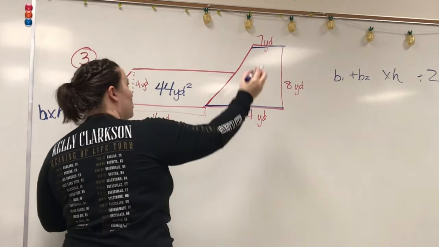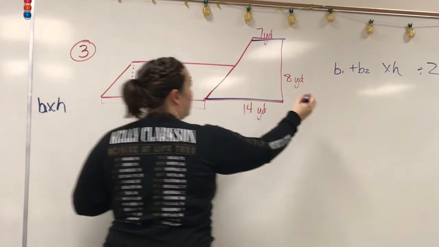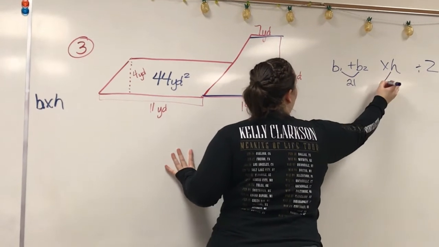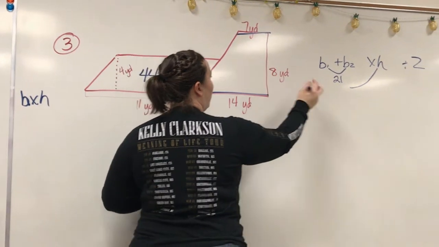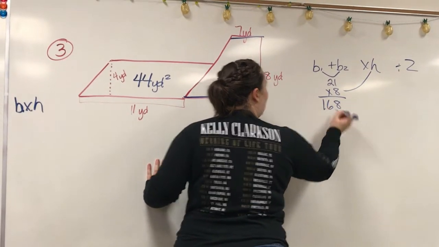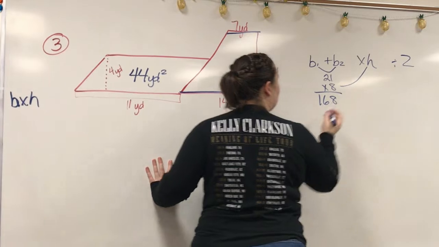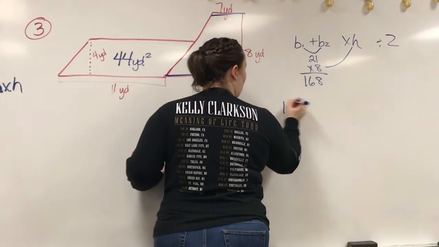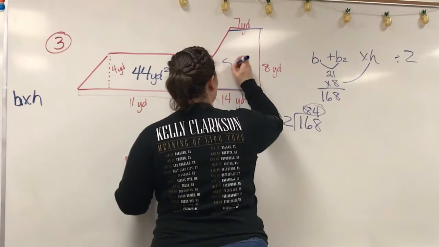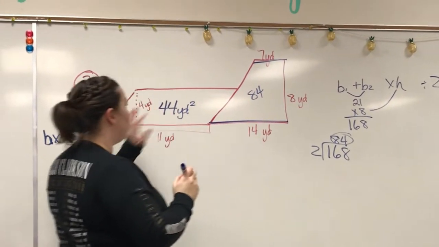So 14 plus 7 is 21. Now I have to multiply it by the height. Our height is 8. And then I have to divide it by 2. 84. So this is 84, and this one was 44.